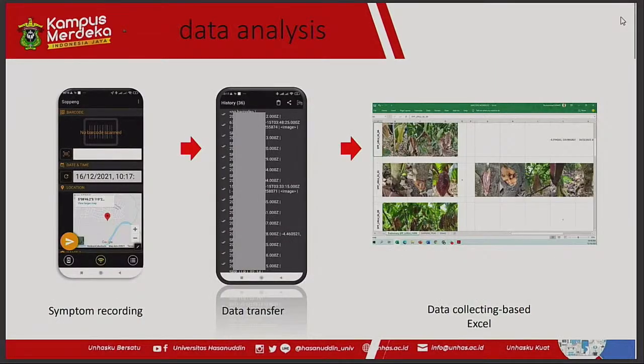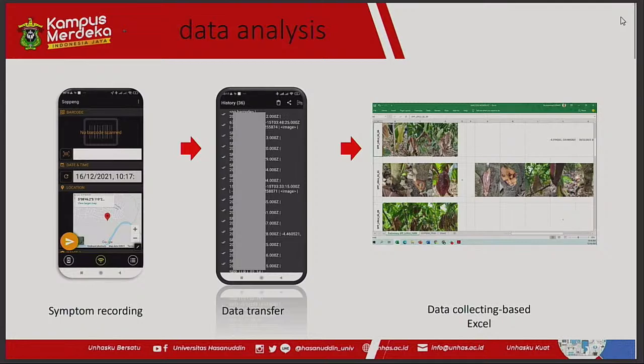So, scanning the data of the tree, because the tree is data, we use an application to scan barcoding, and this application can transfer into the laptop, into Excel, so all information goes automatically into the sheet.